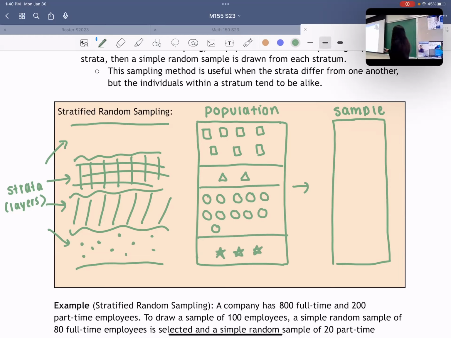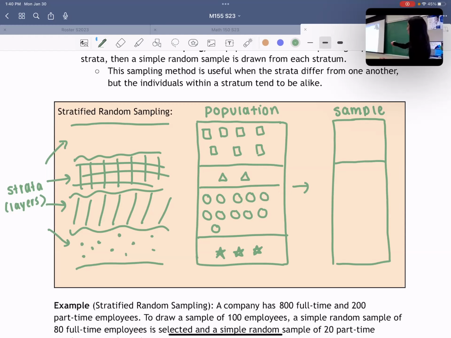So if you take a look at my population, I have these groups, and within each group, everyone shares a similar quality. So they're all squares, or they're all triangles, or they're all circles, right? So they all share a certain property. When I take my sample, which is smaller than the population, I'm going to conserve everything that I can about the population. So in my sample, I'm going to take a random sample of squares. There's a lot of squares in my population. Should I have a lot of squares in my sample?